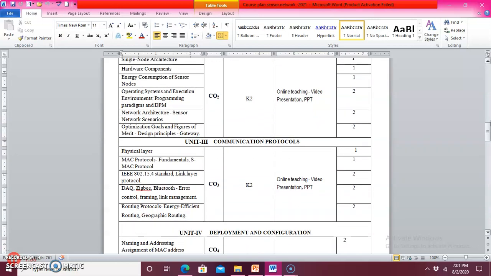Here, what protocols they have used, the ISO OSI model, how many layers there are, and the purpose of each layer, then MAC protocol, IEEE 802, the DRQ protocol, then Zigbee and Bluetooth and routing protocols.